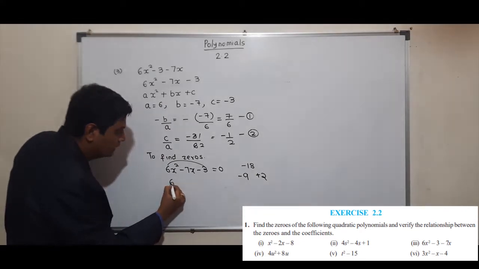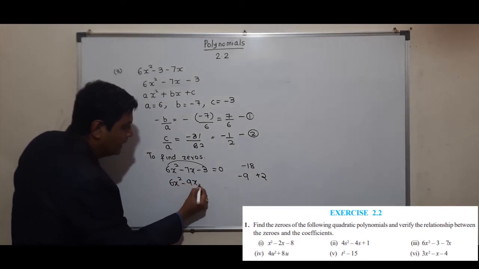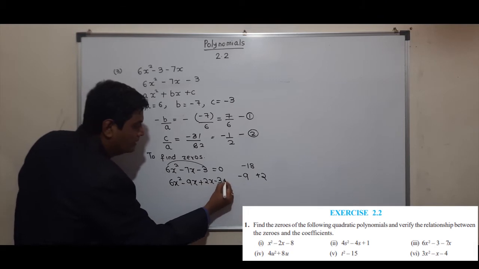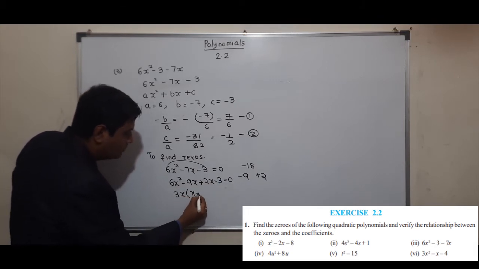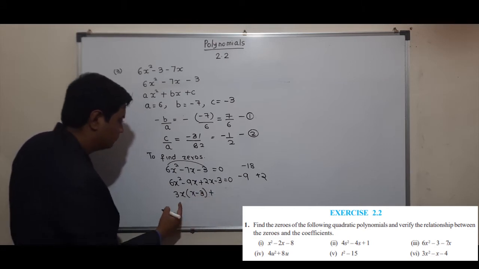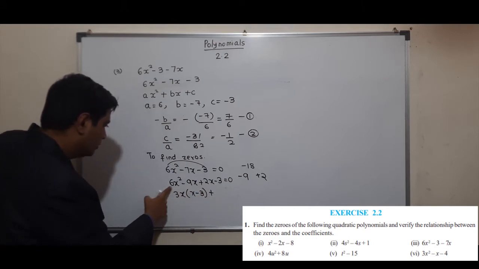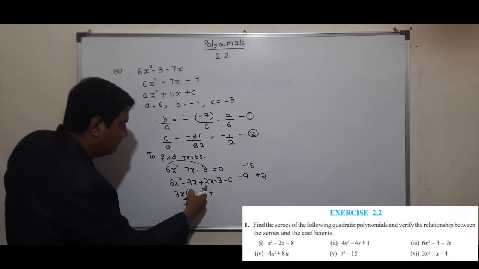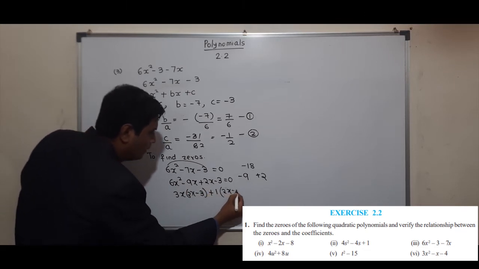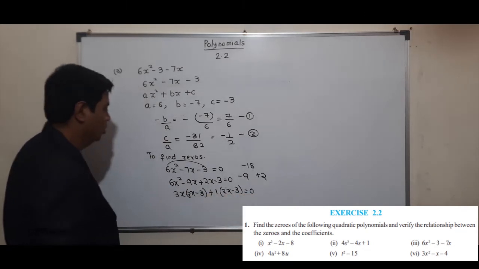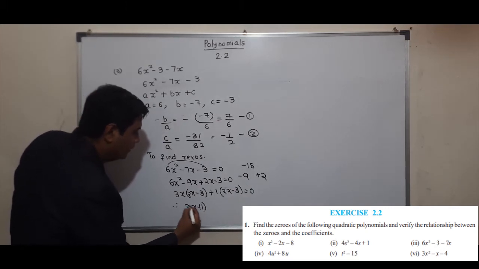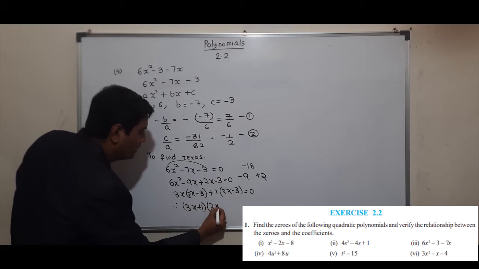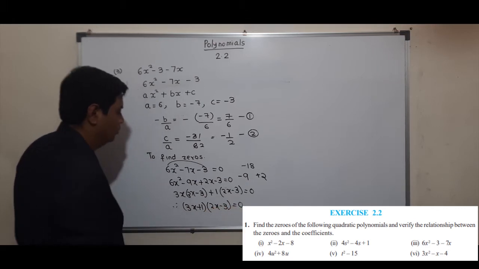So therefore 6x square minus 9x plus 2x minus 3 is equal to 0. Out of this you take 3x common, 2x minus 3, plus 1 common, 2x minus 3 is equal to 0. So you get 3x plus 1 and 2x minus 3 is equal to 0.